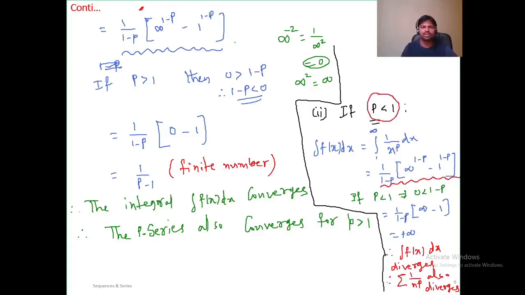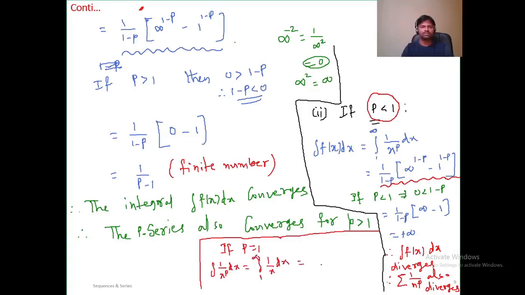If p is 1, then we have 1 by x. What is the integral of 1 by x? ln x. So if p is equal to 1, then integration 1 over x power p dx equals integration 1 over x dx, from 1 to infinity.